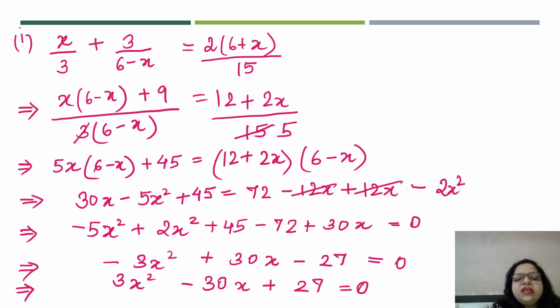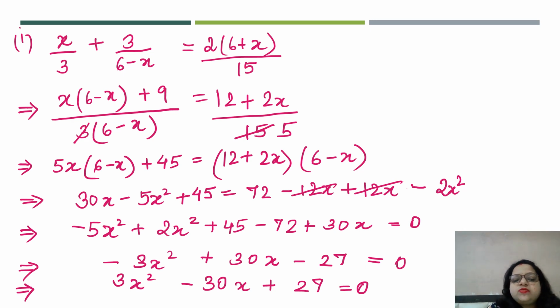We take the x² terms first, −5x² + 2x², then the constant terms 45 − 72, plus 30x, because there is no x on the right hand side. Now −3x² + 30x − 27, since 45 − 72 gives −27, is equal to 0. Now, making the negative sign positive, we get 3x² − 30x... by multiplying by −1 on both sides. Okay.